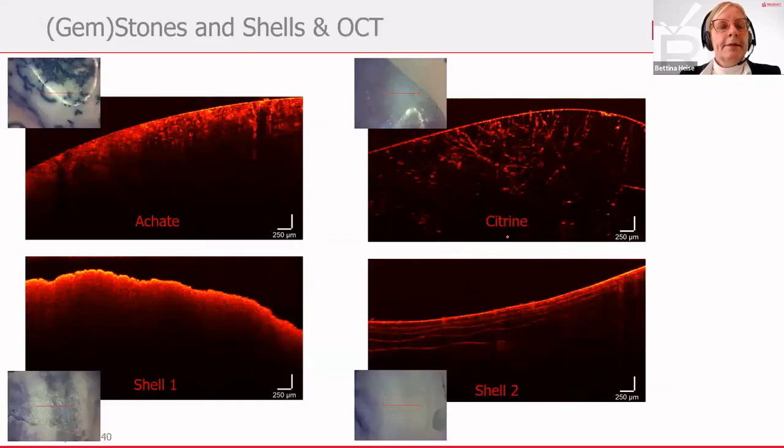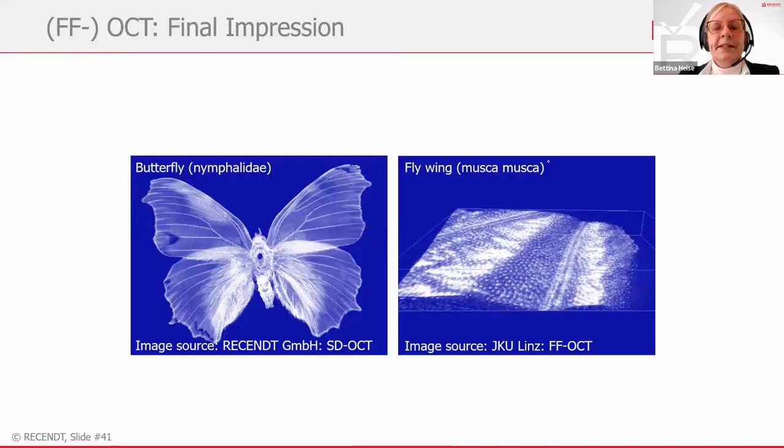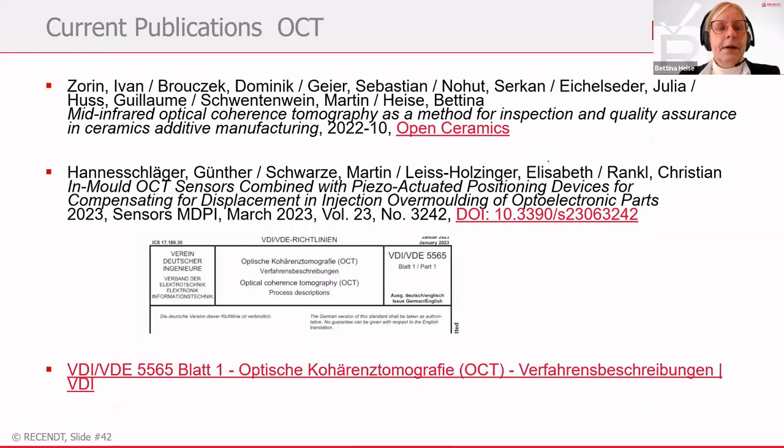And very finally, that brings us back to an application field, which I only want to show you, the analysis of gemstones, where you can also have a lot of features, scattering, and more transparent features. And with this image, I want to finish my talk.